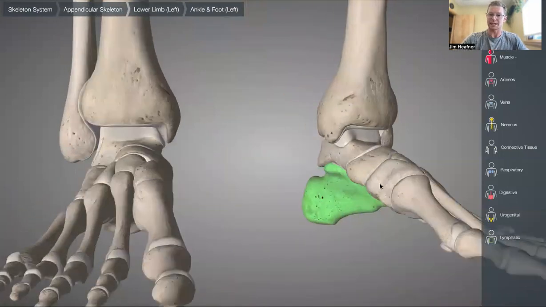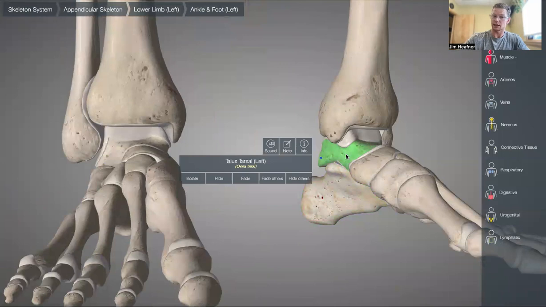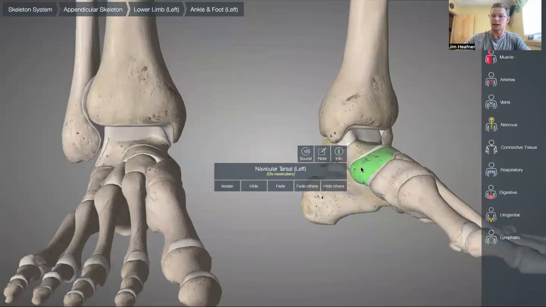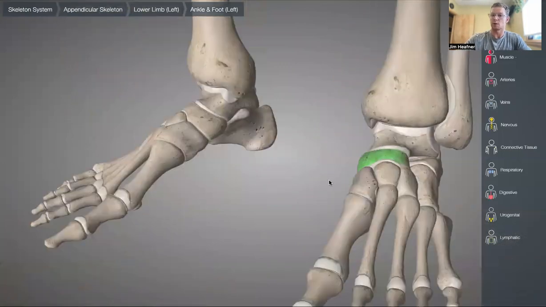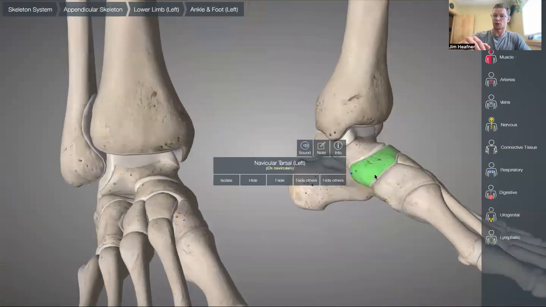As I go to the inside of the foot, here's the talus again, and you can see how that meets with the navicular bone, which is sort of the mid portion of our arch. So here's the arch as it goes into compression, and then the spring action of it, it's that navicular that drops down. Now, if that happens uncontrollably, that navicular bone will collapse into pronation.